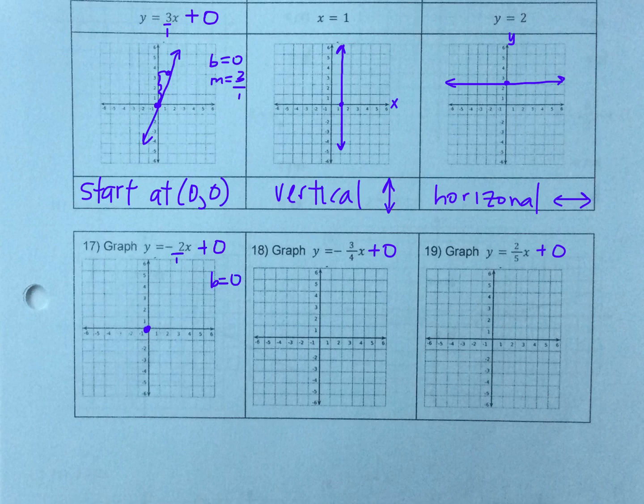My slope on this first one is negative 2 over 1. So up 2, to the left 1 because it's a negative slope, and there's my line. I want you to graph 18 and 19. When you have done all of that, turn it into me, send me a picture, whatever you need to do, and you're done for the day. Thank you.